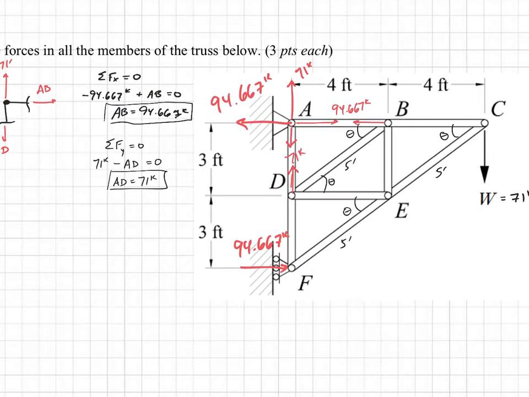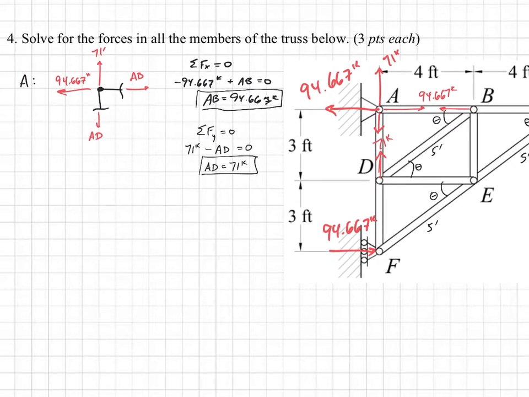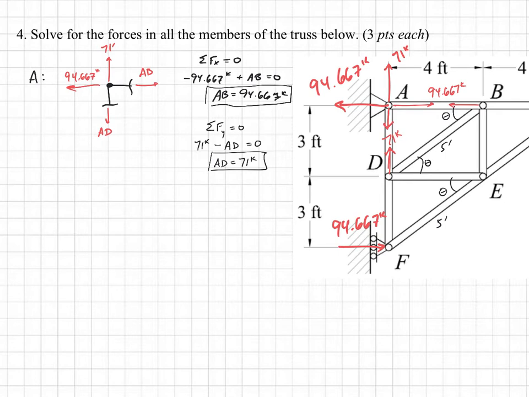So let's then go down and let's do F, because F's only got 2 unknowns. Here's F, and it's got something going off this way and something going this way.